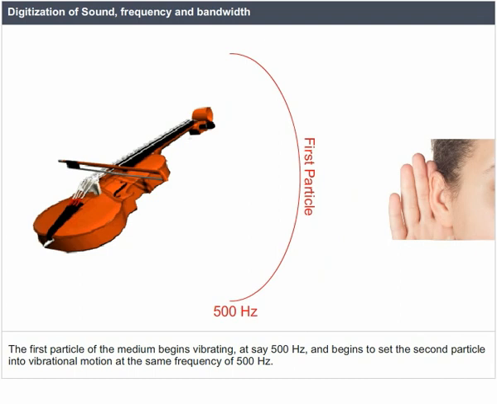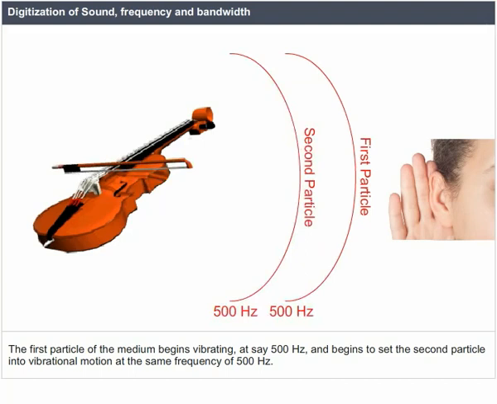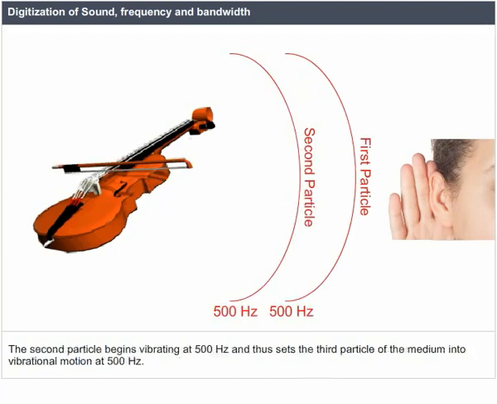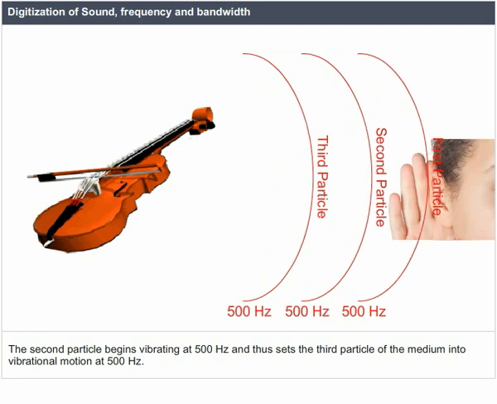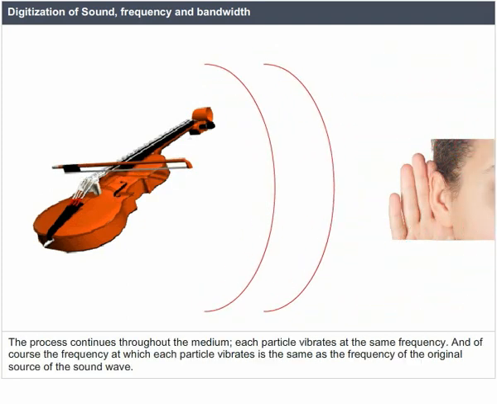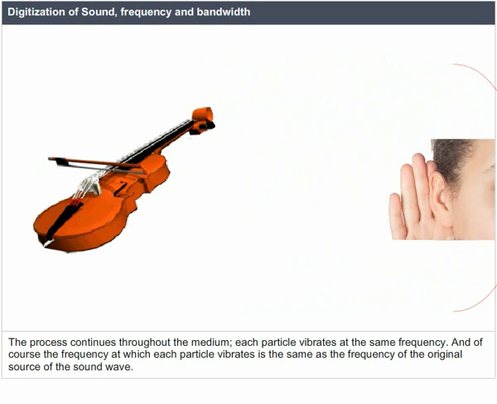The first particle of the medium begins vibrating at, say, 500 Hz and begins to set the second particle into vibrational motion at the same frequency of 500 Hz. The second particle begins vibrating at 500 Hz and thus sets the third particle of the medium into vibrational motion at 500 Hz. The process continues throughout the medium.